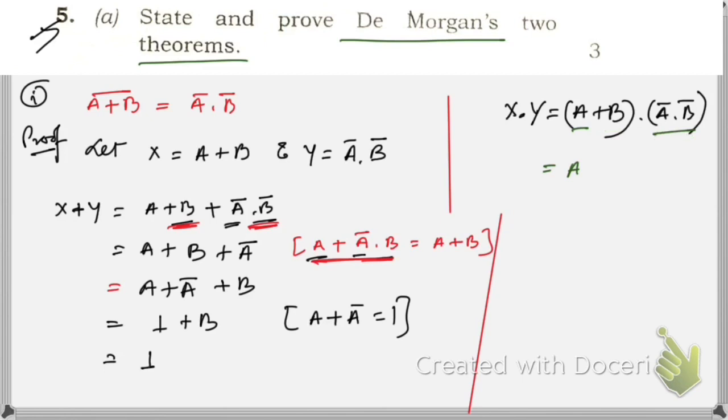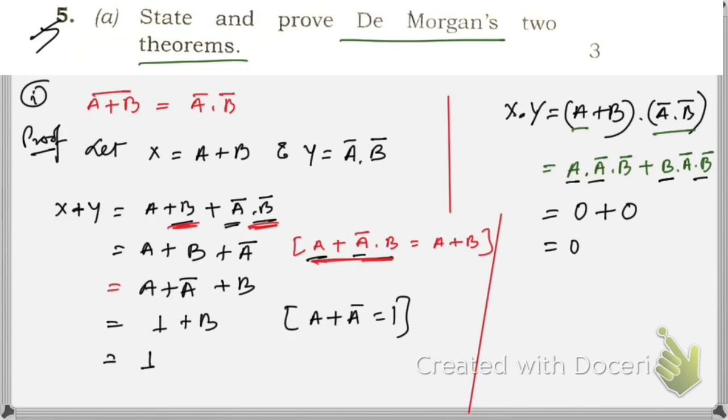So a dot a complement dot b complement plus b dot a complement dot b complement. Now here a dot a complement is going to be 0, and 0 into anything is 0. Then b dot b complement is also 0, so here we're going to get 0.